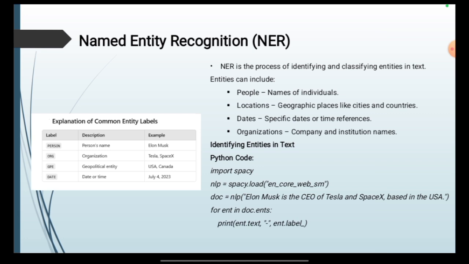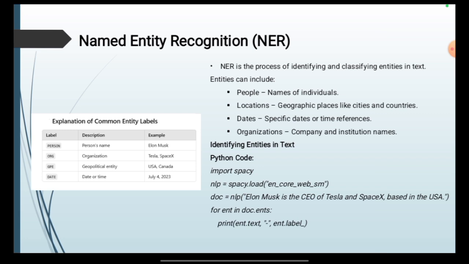So from these details we get to understand that named entity recognition, NER, is the process of identifying and classifying entities such as names of people, geographic locations, dates, and organizations within a text. NER helps in extracting structured information from unstructured data, which improves the understanding of the context and relationships in the text.